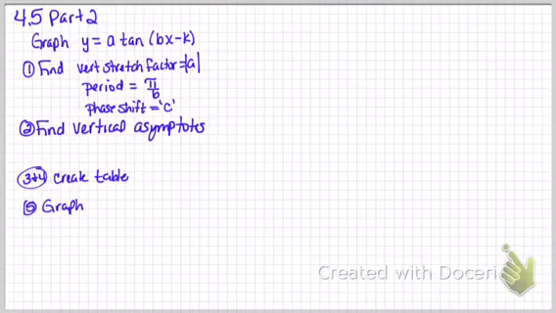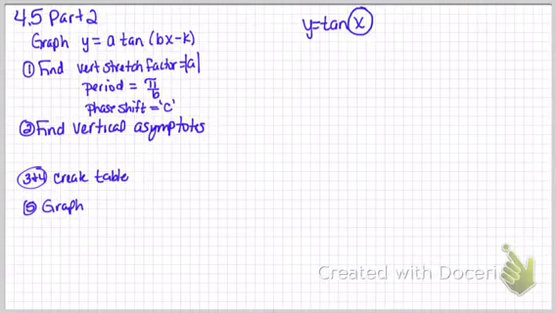So remember before, the parent function, the x part, let me write it up here. When we had just y equals tangent of x, this was what gave us that negative pi over 2 and the positive pi over 2, which was where my vertical asymptotes were.